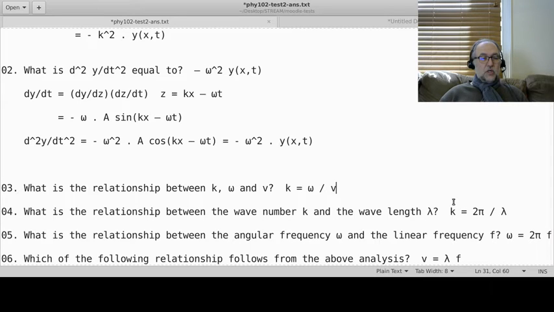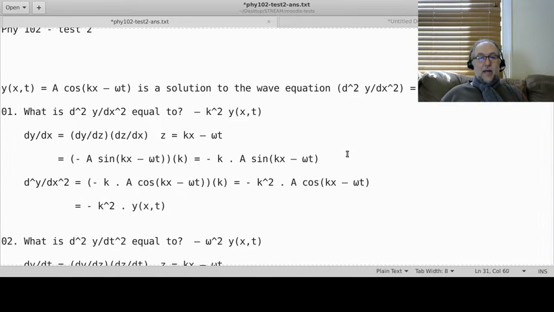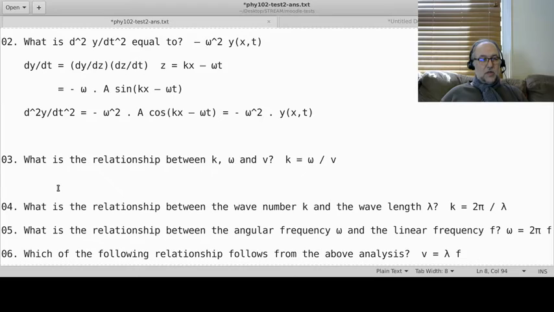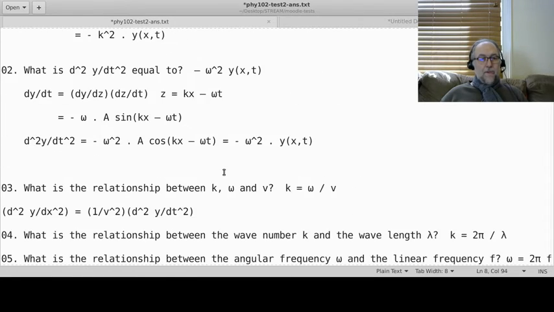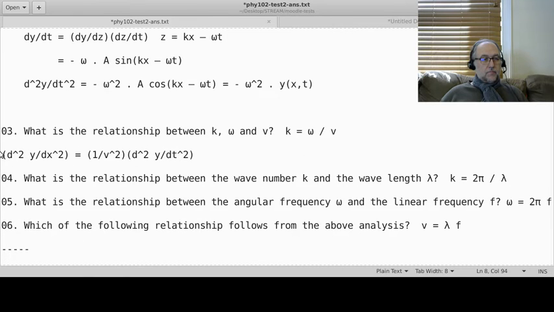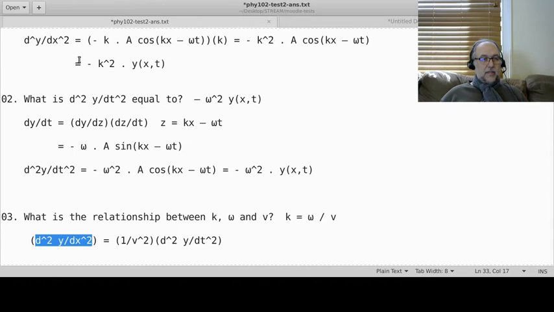Okay, and now the question is, what's the relationship between k, omega, and v? You can see that immediately out of the wave equation. Let me just copy down the wave equation here like that. Okay, take a look here. We have something for d2y by dx squared. It's basically this.